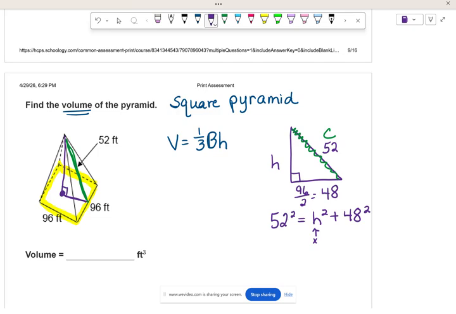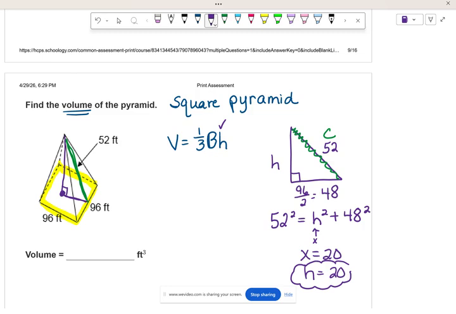And I got that X, which is the height, is exactly equal to 20. All right, so we have the height. Check.